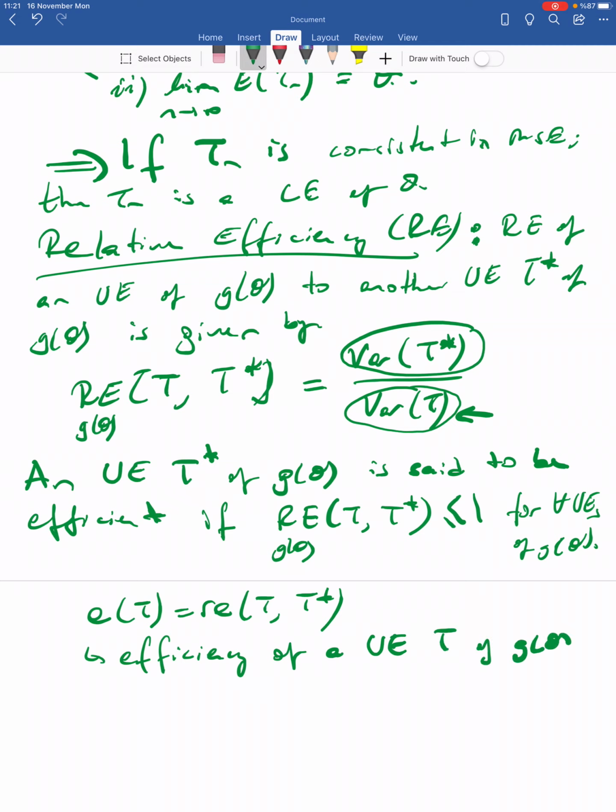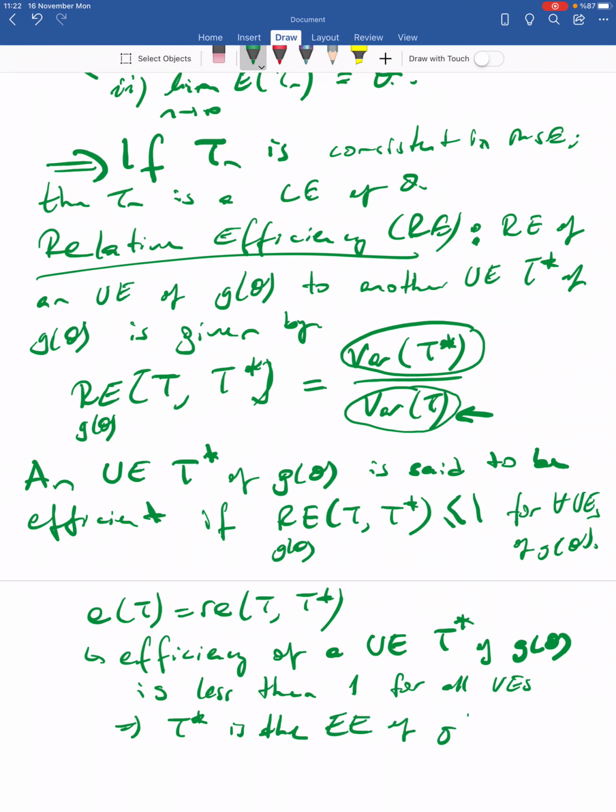If the efficiency of an unbiased estimator T of g theta, T star let's say, is less than 1 for all unbiased estimators, then we can say that T star is the efficient estimator of g theta.